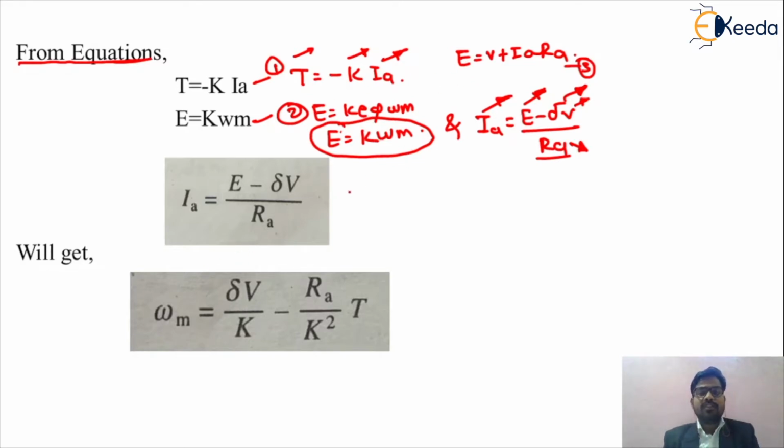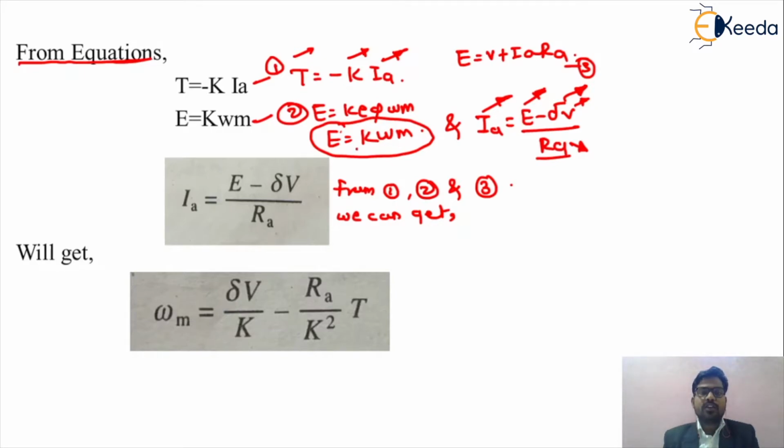So from equations 1, 2 and 3, we can get the torque speed relationship.